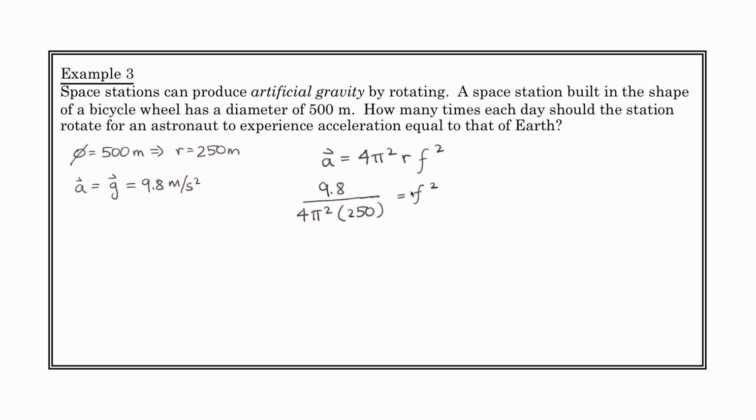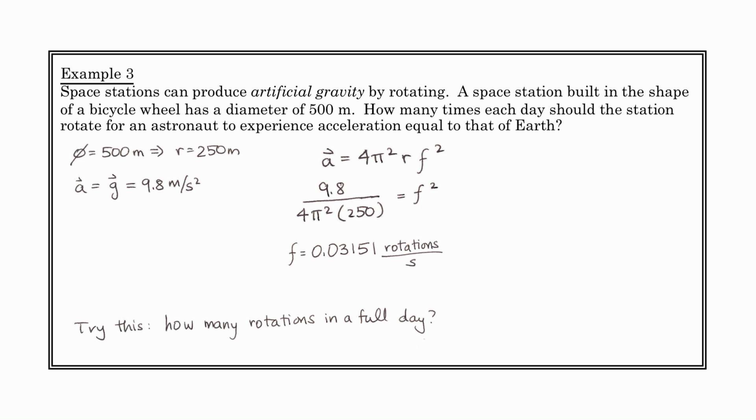And so what we can do is simply rearrange and solve for f. And when we do that, we get 0.03151 rotations per second. Well, the question's asking about how many rotations per day. So this is rotations per second, and a quick little conversion will give you the correct answer.